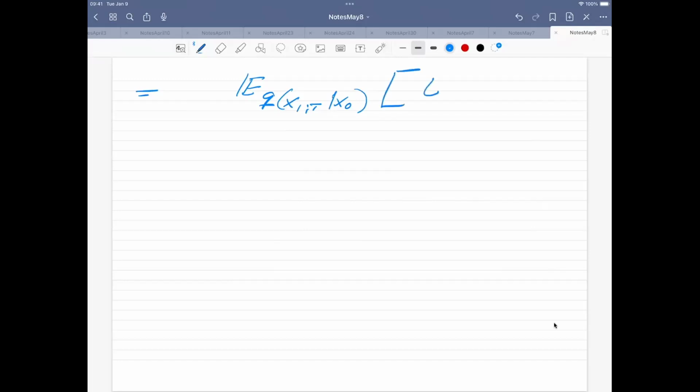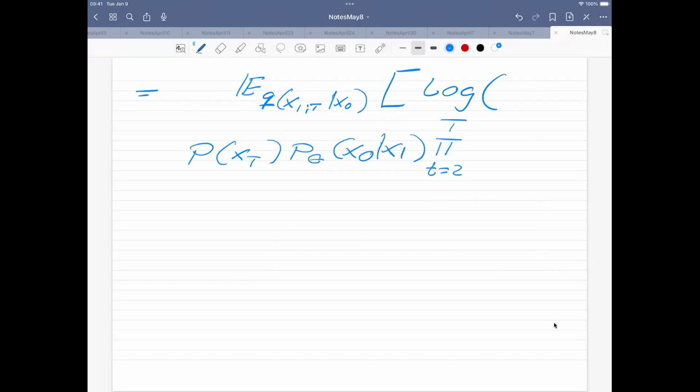So this is going to be given by a log, and then we have a parenthesis. And I'm going to write this now as a p of x of t. And I'm going to single out p theta of x1 multiplied with t equal 2 up to the final t. And then I have a parameter theta here of xt.